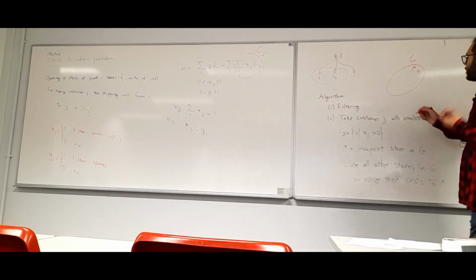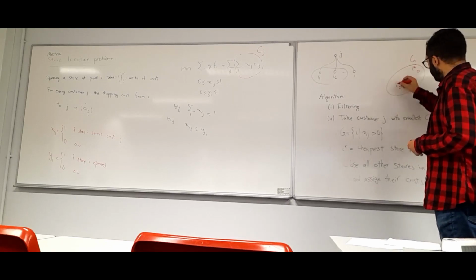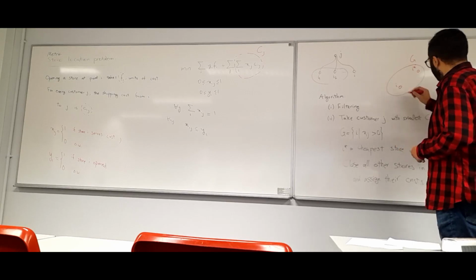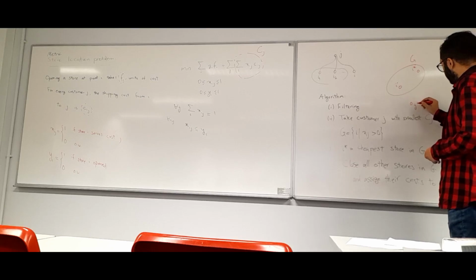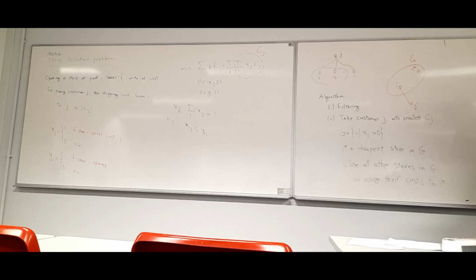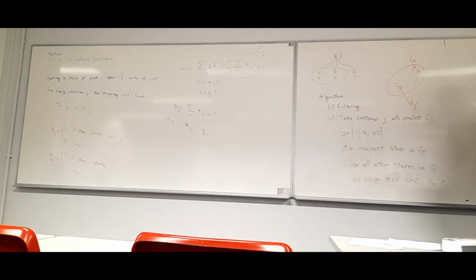But maybe there was a customer that was served by some other store. Let's call it I prime actually. And let's say there was a customer J prime that was supposed to be served by I prime. But now what am I doing? I'm saying J prime is also served by I star. Okay? But how does this affect the cost of serving J prime?